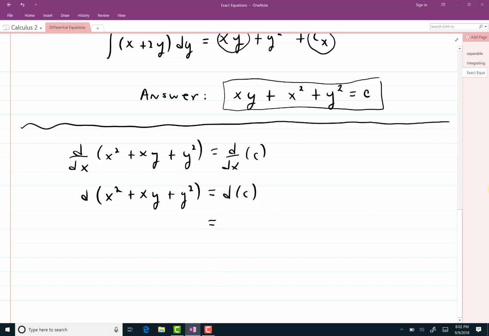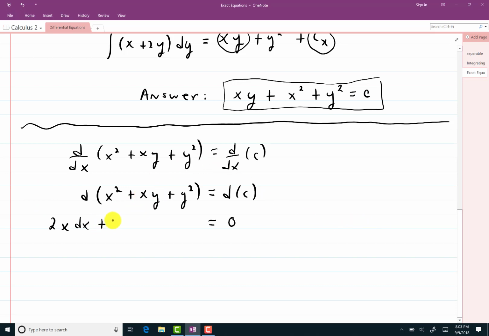Any derivative of c is going to be 0. Over here, though, instead of having y primes, this is what's going to happen. This is the differential of this expression. So when I take the differential of x squared, I'll end up with 2x, and then I attach a dx. Then when I do xy, I'll take the derivative of x first, just like I would before.